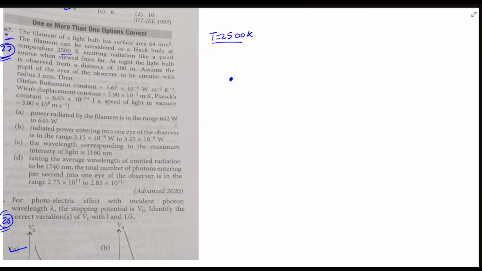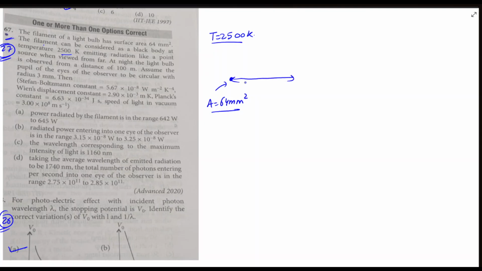So we have this as a point source. This filament of the bulb has surface area 64 millimeter square, and it can be considered as a black body emitting radiation like a point source. At night the light bulb is observed from a distance of 100 meter.